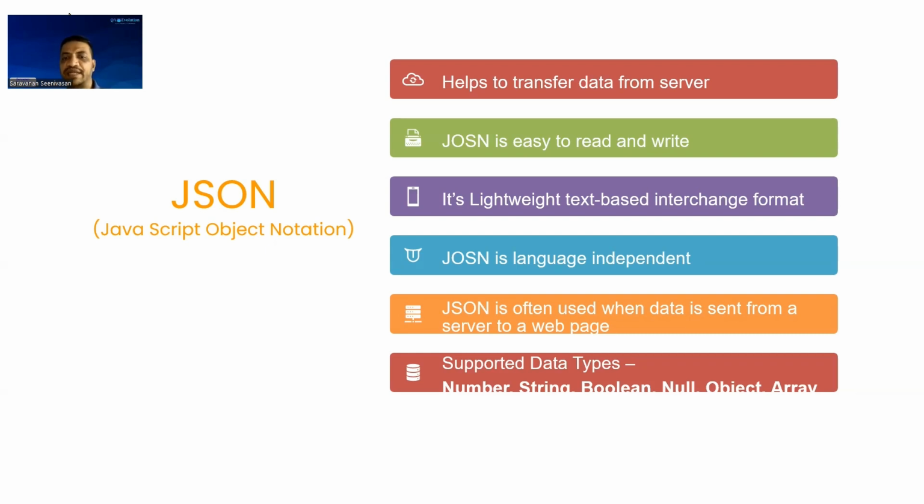The supported data types are number, string, boolean, null, object, and array. So whatever we have seen so far is all about the basics of APIs, what data types are used, and what the data transfer format is.